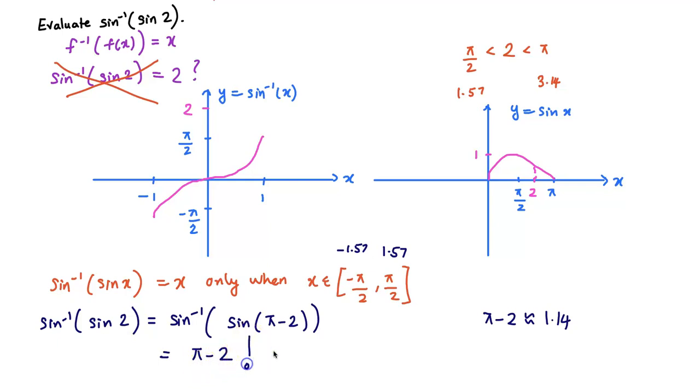And that's it, we are done. And so the key lesson to be learned is that sine inverse of sine x equals x only when x belongs to minus pi by 2 to pi by 2, and otherwise it can be converted to a form using these trigonometric identities, and then you can apply this function.